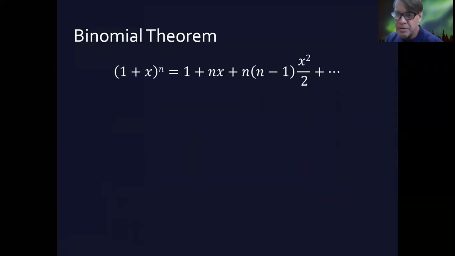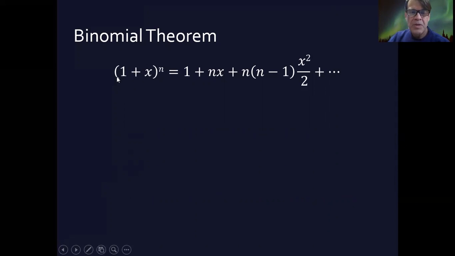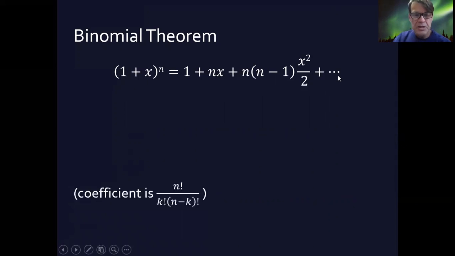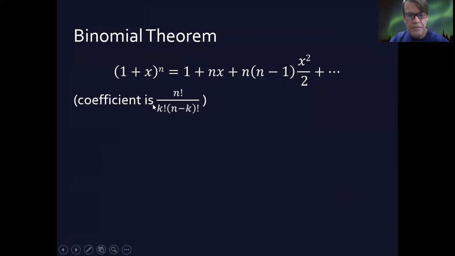So the binomial theorem. The binomial theorem basically says that if we have 1 plus x raised to the n power, then we can expand that out, for however many terms. The first is going to be 1, then nx, and basically the way you get the coefficient is this horrible looking thing, n factorial over k factorial times n minus k factorial. n is the power, k is the number in order.